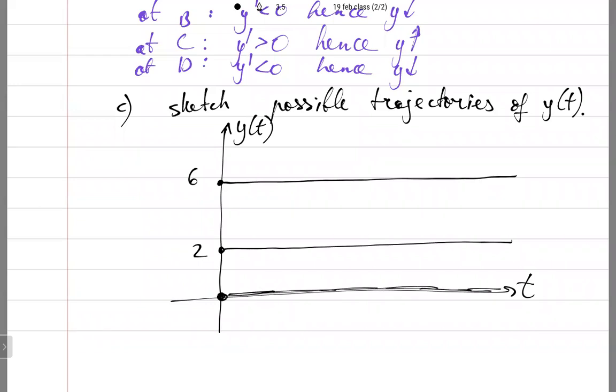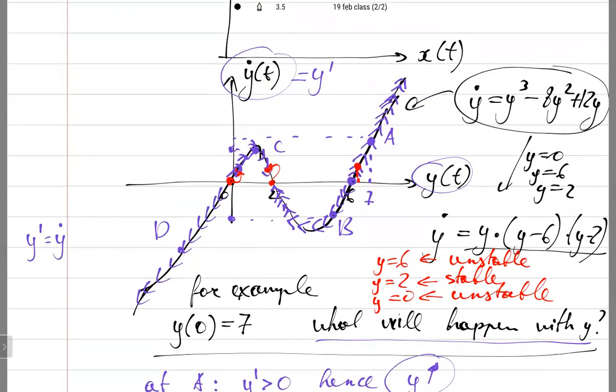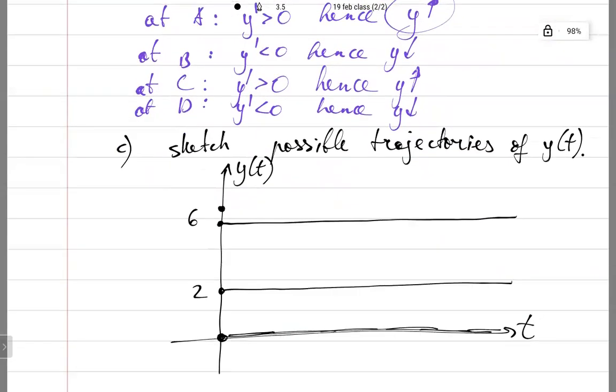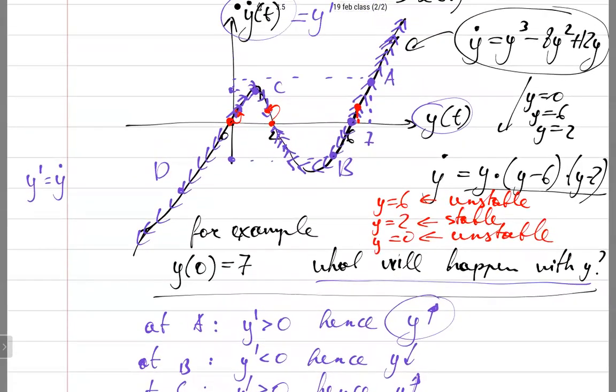But if I start at 6 plus a positive delta, what will happen with y? It will be higher than 0. It will increase. What will happen if I start a little bit below 6? What is the qualitative behavior?